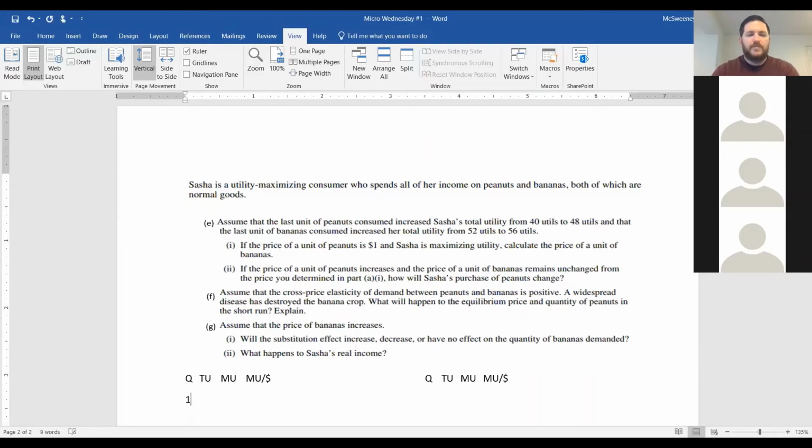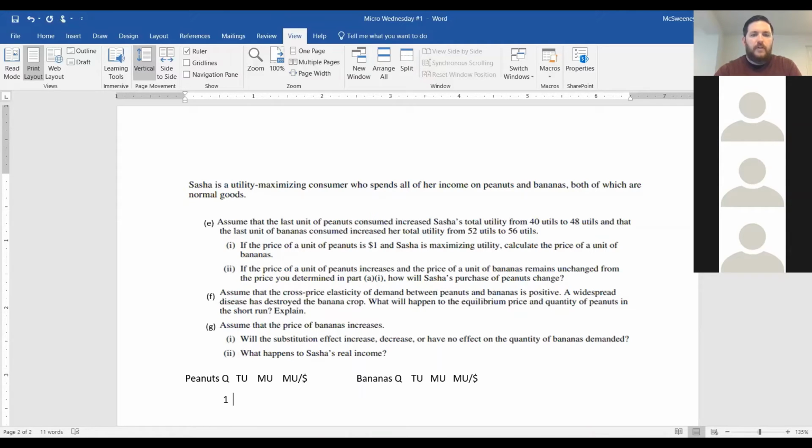So we know we have two different quantities here. This is going to be peanuts, and this would be bananas. The first quantity of peanuts is going to be 1.